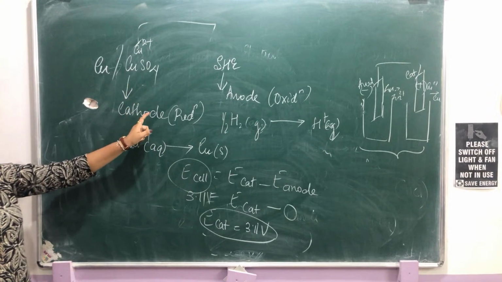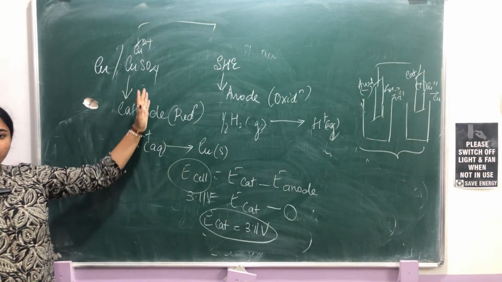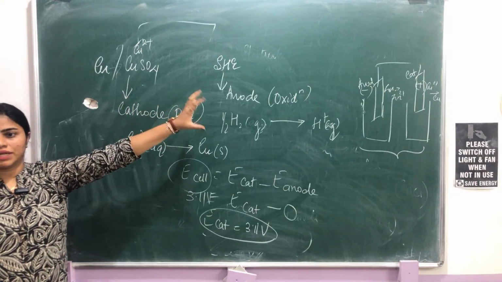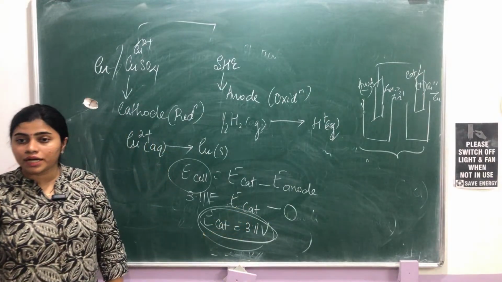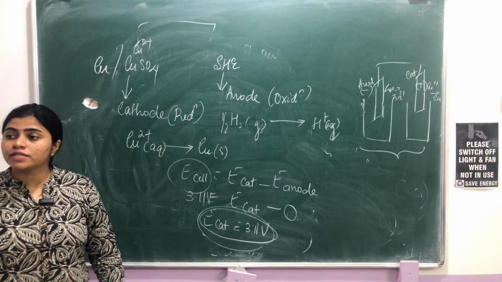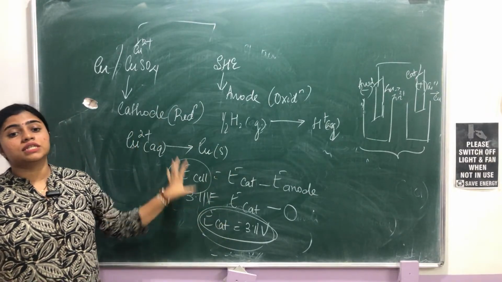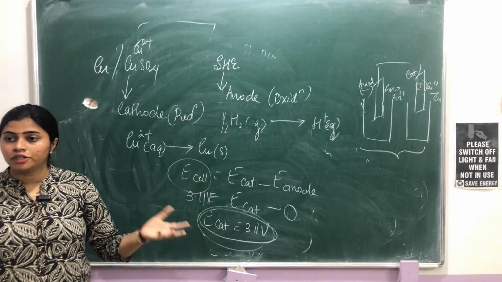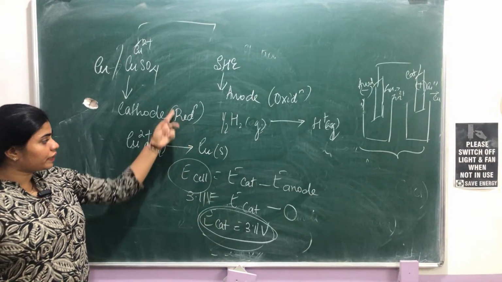So taking this to be the cathode is correct. Imagine if I had taken something as cathode and something as anode, and at the end you get E cathode as negative. Will it be correct? No. E cathode should always be positive, E anode should always be negative. So this is how they were doing a trial and error method to see which will go for cathode and which will go for anode. Can you quickly write it till here?